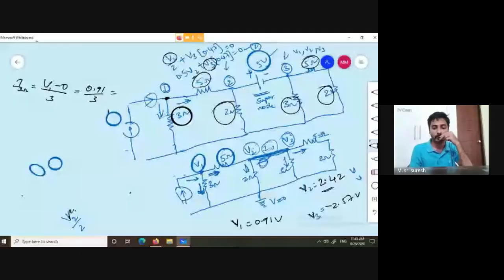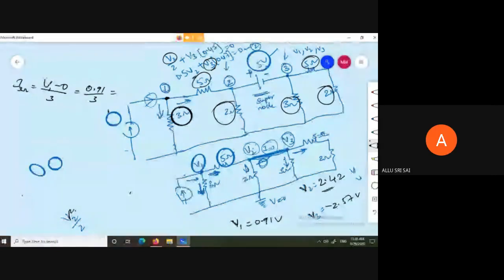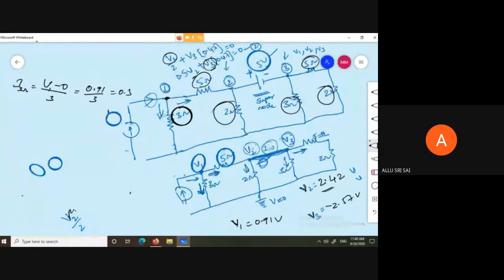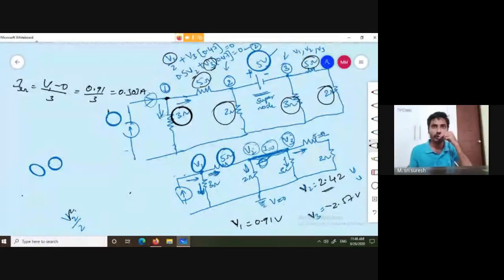So 0.91 by 3 is the value of I3, the I at 3 ohms. What is the value of 0.91 by 3? 0.303. This is the I at 3 ohms.